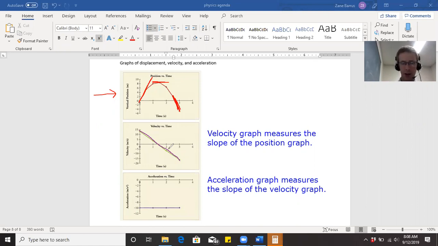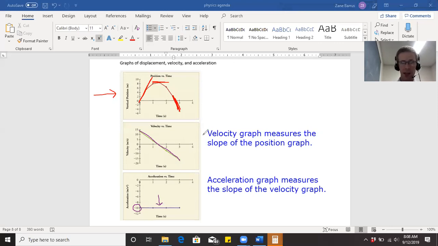If you did that using points on this graph, you'd probably figure out that the slope is negative 10. And because that line in the velocity graph isn't curving, it's just a straight line, that's why the acceleration doesn't change. It's because the slope is the same all the time.